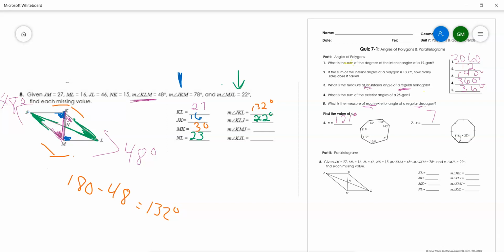So with the orange plus the blue, the blue was 78 degrees, the full orange was 132. So to find this new little purple one that I made, the KMJ, take 132 and subtract 78. And that would give us KMJ. So let's go ahead and find that one.